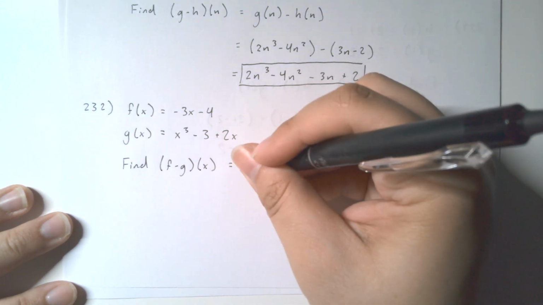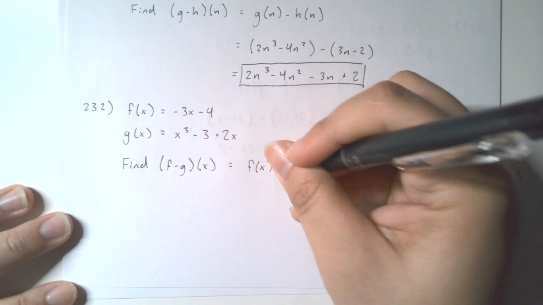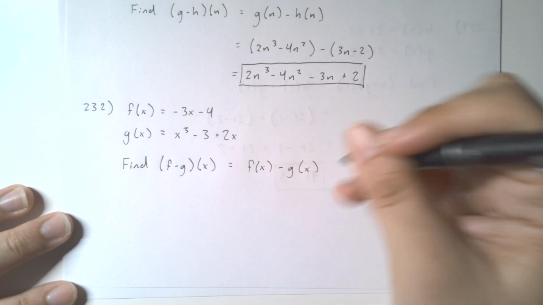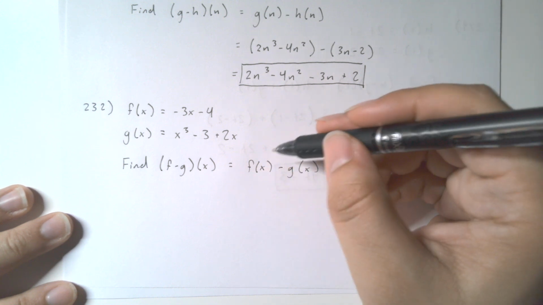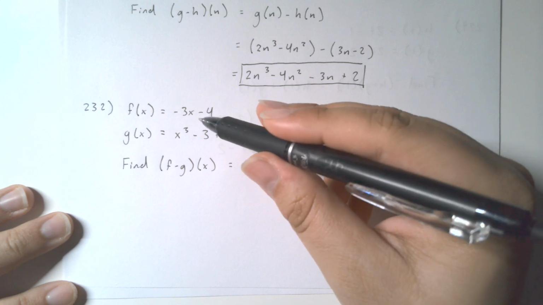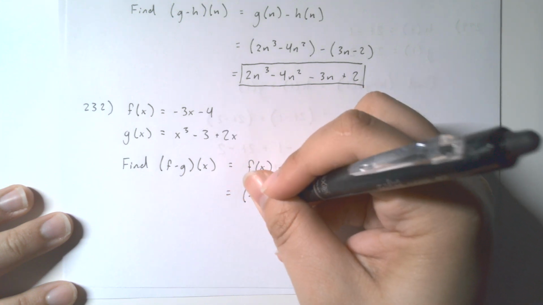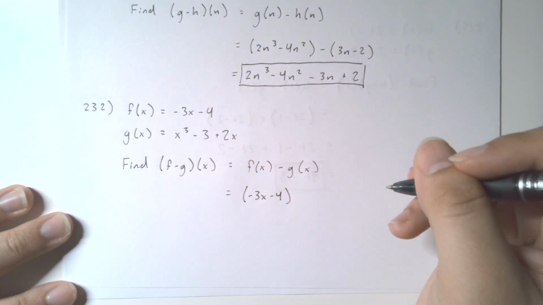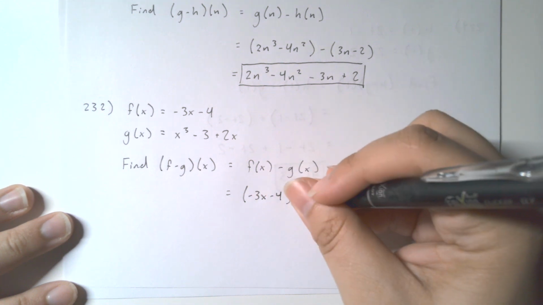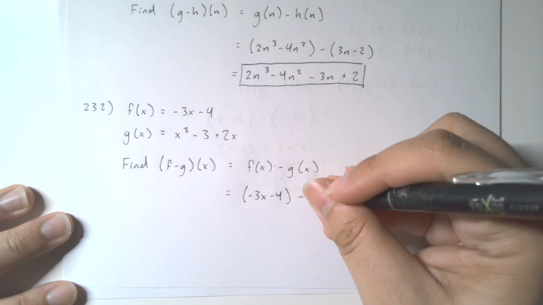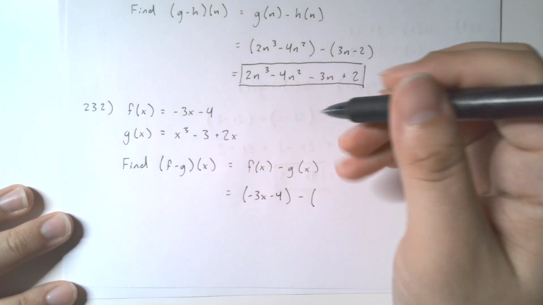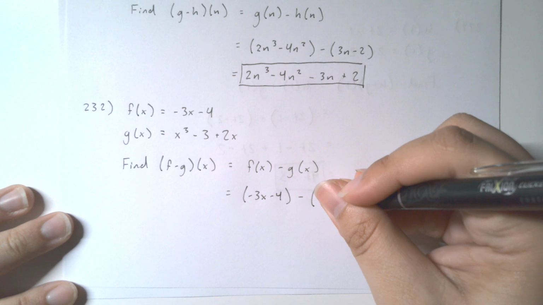And remember, that's defined as f of x minus g of x. First, we state what f of x is. So f of x is negative 3x minus 4. So we'll put that in parentheses. And then we're going to subtract g of x, which is this x cubed minus 3 plus 2x.